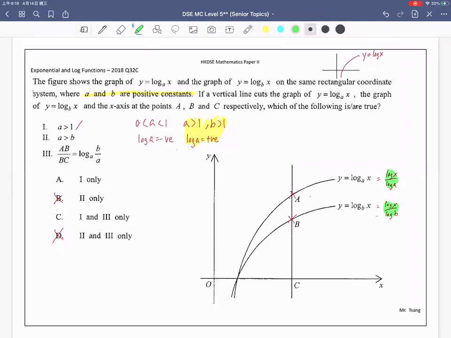Of course, you can substitute some value for x, but it doesn't change the fact.